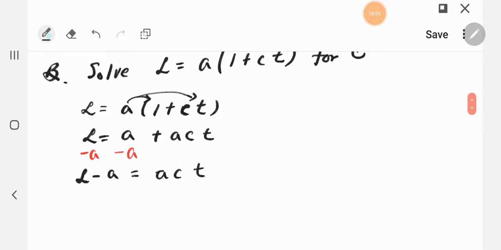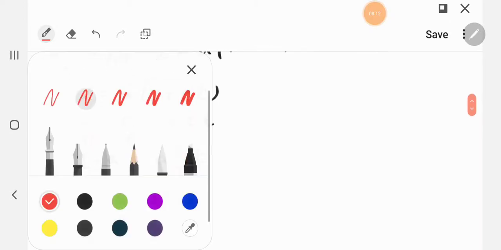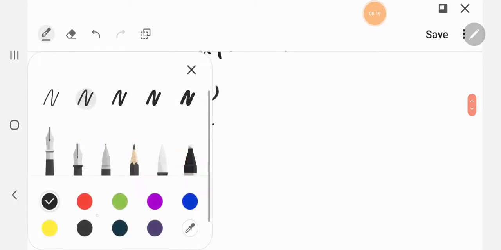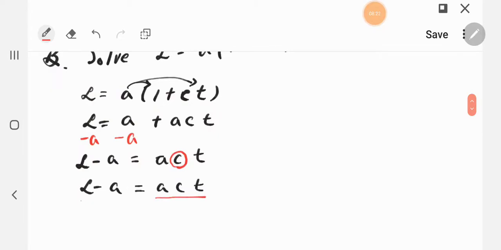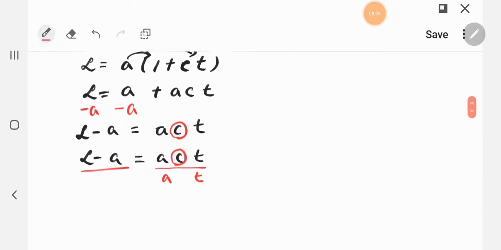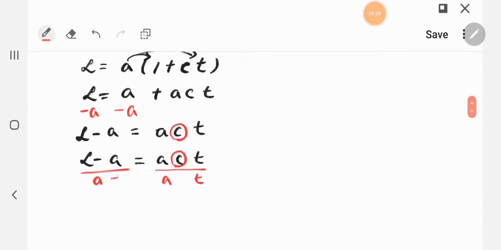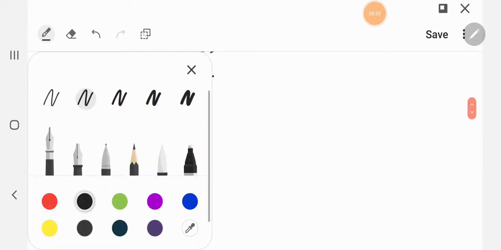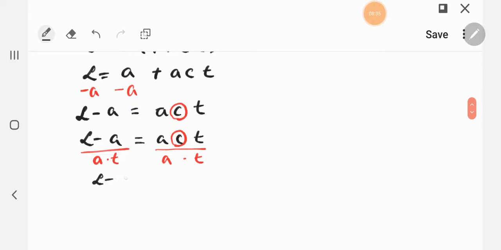Alright, then we want to find C. We want to solve for C. So we can divide each side by what? AT, right? So L minus A is equal to ACT. So let's divide each side by AT, because we want to solve for C. Then the left side is L minus A over AT.